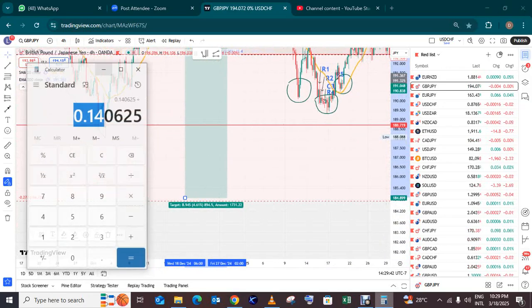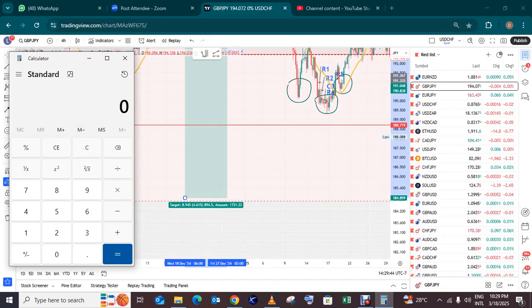We take our calculator again, and as we did for the EURJPY, we divide the 4.61% by 2, 4 times, to get the total and divide that into 2 to give us TP1 and TP2, just as we did for the EJ. So now we're going to be doing that.